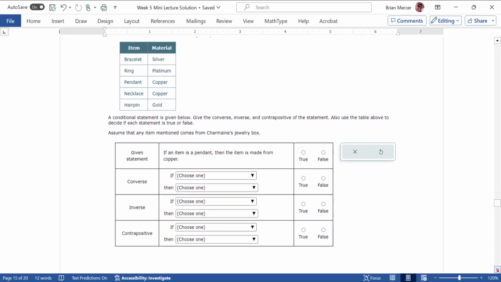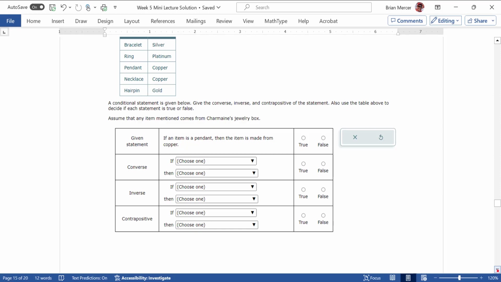But just a quick summary. A conditional statement means P implies Q. You're going to see words like the antecedent and the consequent. The antecedent is the first piece, the consequent is the thing that follows.